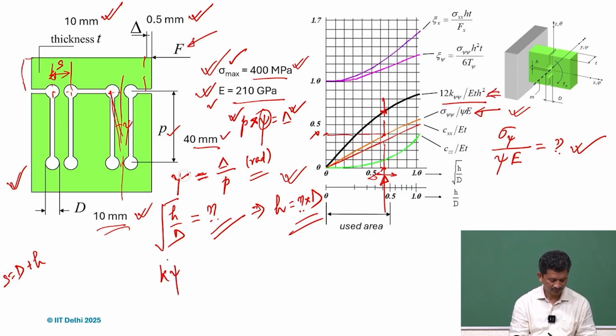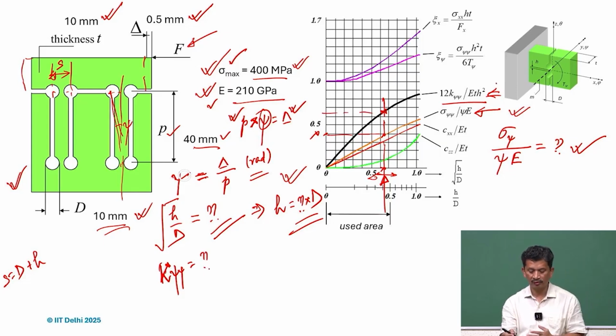We come here and we can calculate the rotational stiffness, k psi, kappa or k, whatever you call it. Here all the parameters are known since h is already obtained, so we can find k. Once k is known, that is the rotational stiffness of the hinge.